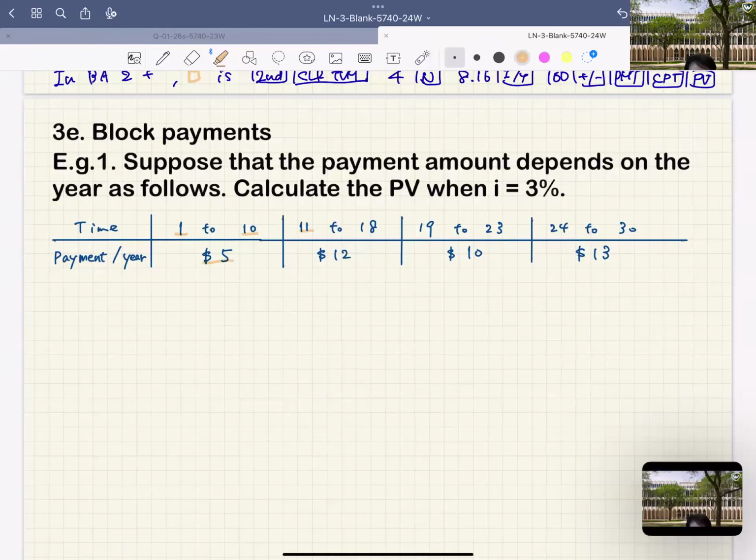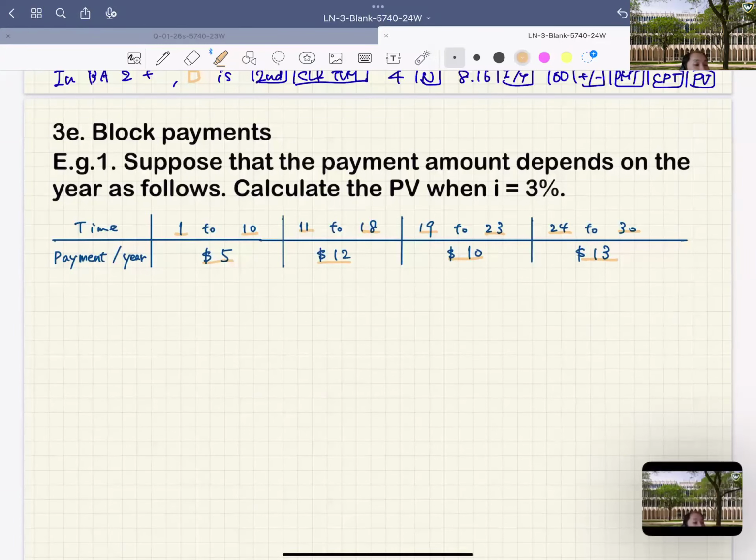For t equal to 11 to 18, you will receive $12, and 19 to 23, $10, and 24 to 30, $13. So this looks like a toy example, but in real cases you may have some block payments because of inflation or something.